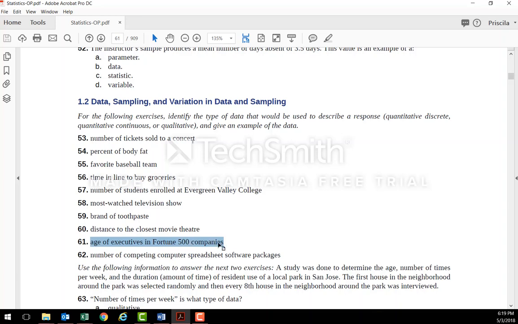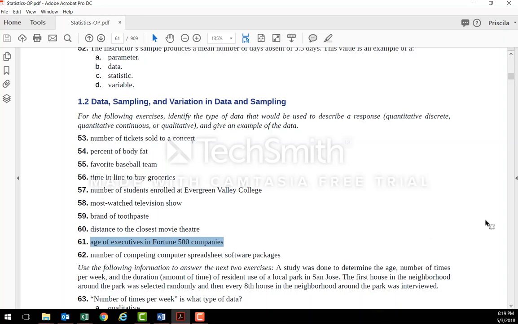When you're working with an average, you are probably going to end up with broken digits. In that case, you'd be working with a quantitative continuous.